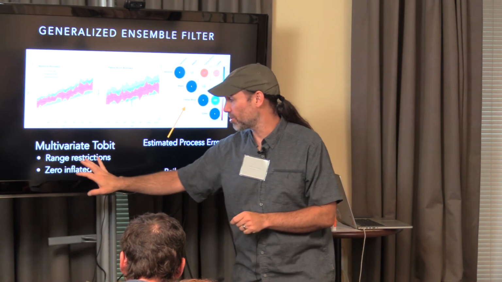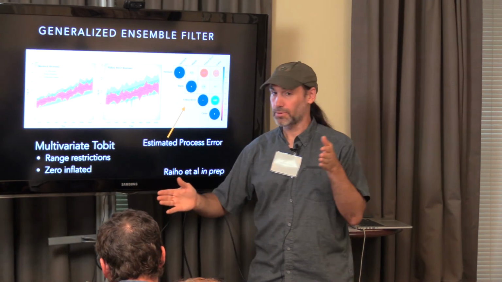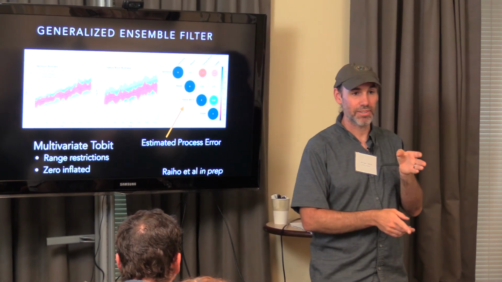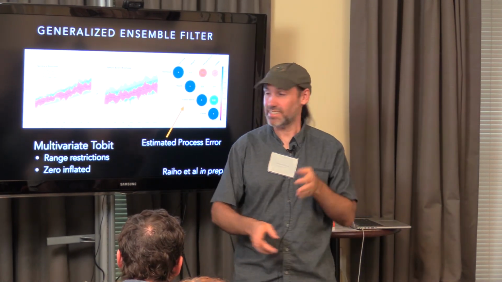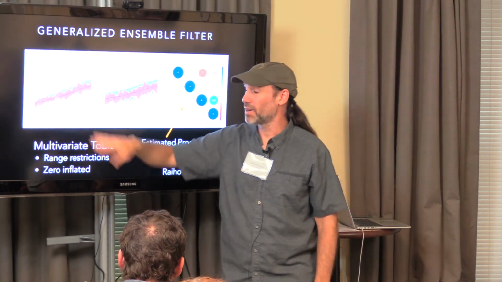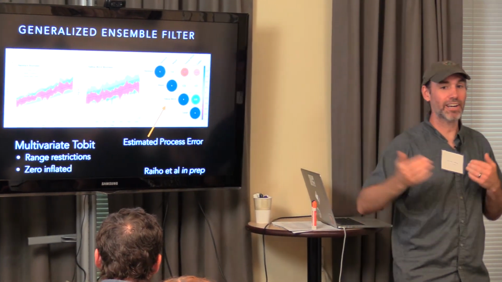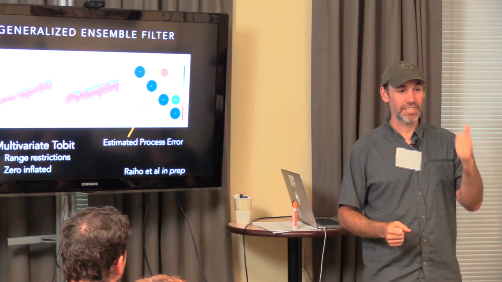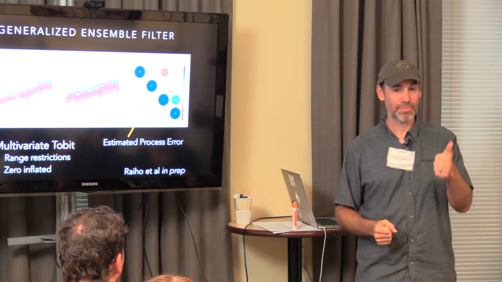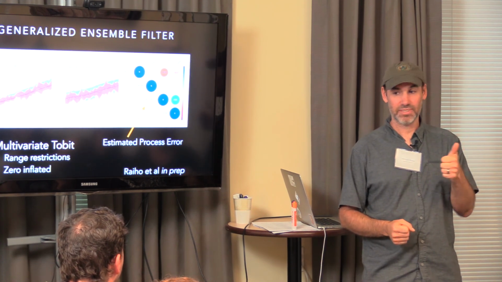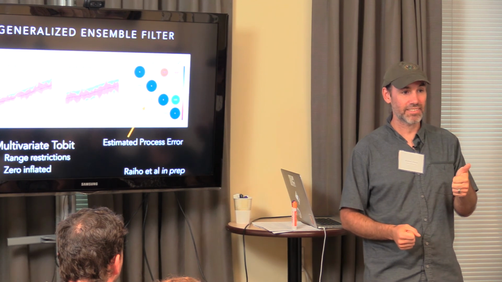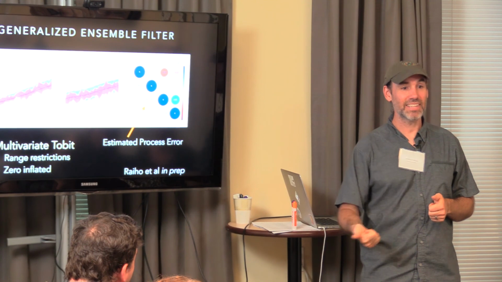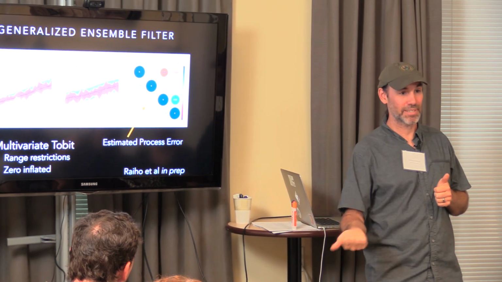And then again, I mentioned this yesterday, instead of using a multivariate normal in the analysis step, we use this multivariate Tobit, which allows us to zero truncate and zero inflate the probability distributions. That doesn't really show up as important in these two, but if you look at rarer species in the stand, it's very easy to have cases where specific ensemble members predict a species to go extinct, and so you have zeros in the model forecasts, or vice versa, the model predicts a species to be in the stand that isn't observed, so the data predicts a zero.